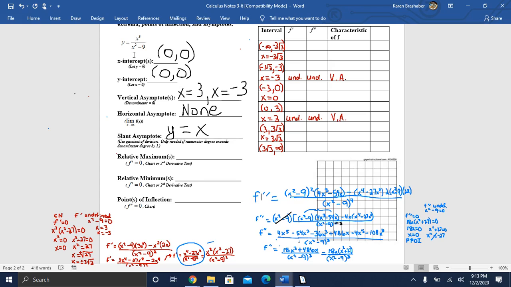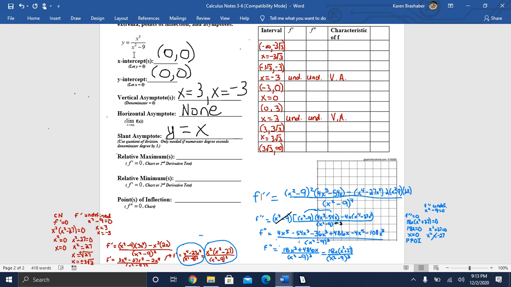The version of f prime that I would use this time is the one with the parentheses. So for example, the negative infinity to -3 square root 3. Now, I don't have a calculator up, but I definitely know a number like -100 would be in that interval.